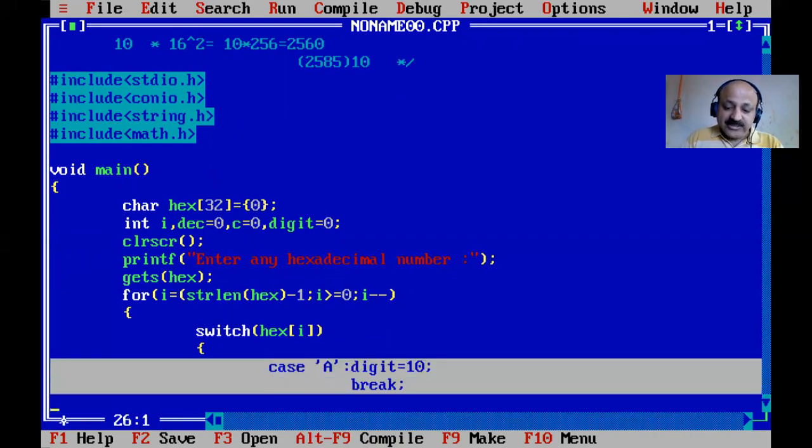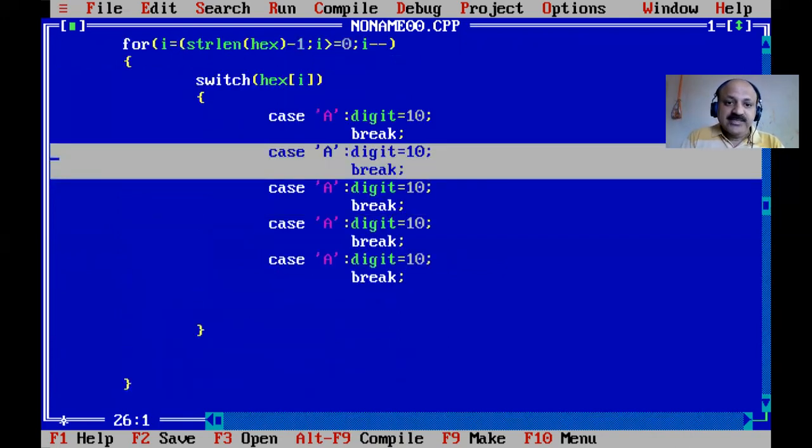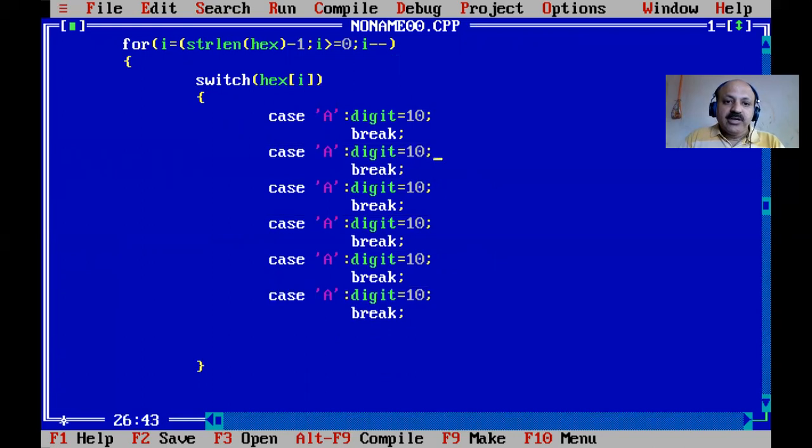I copy the 6 digits used in a hexadecimal number: capital A, B, C, D, E, and the last one is F. So you have to know 10, 11, 12, 13, 14, and the last one 15.